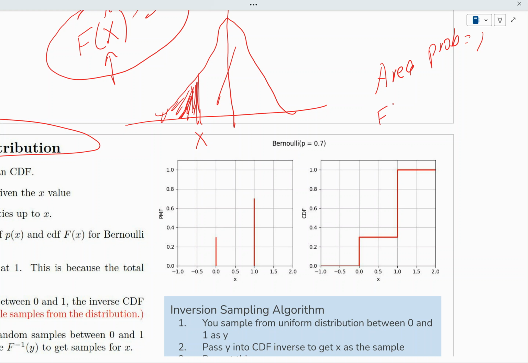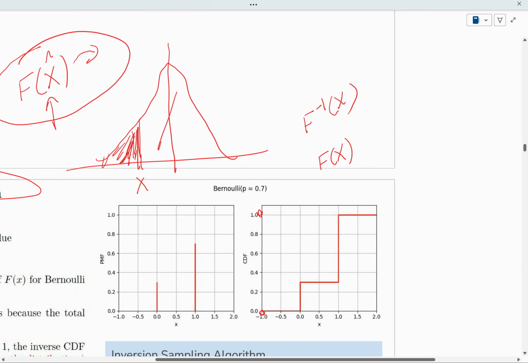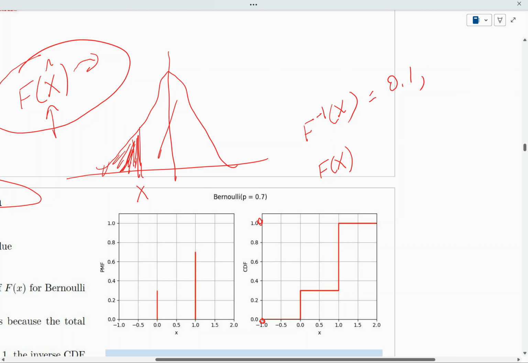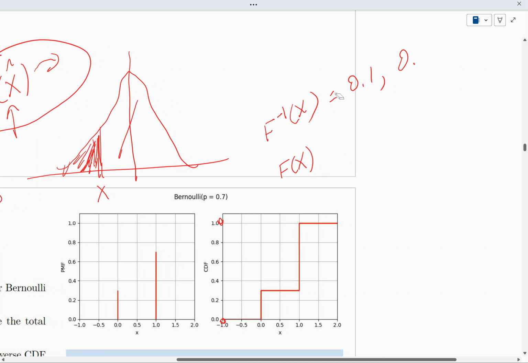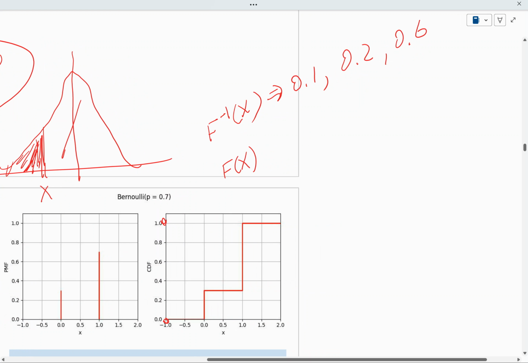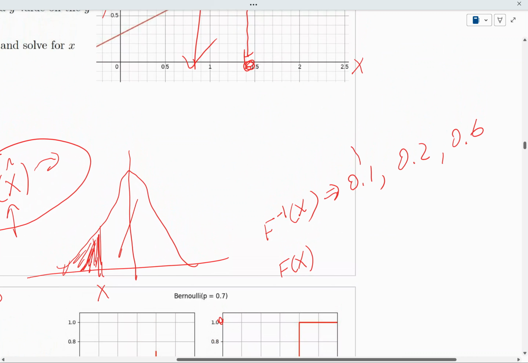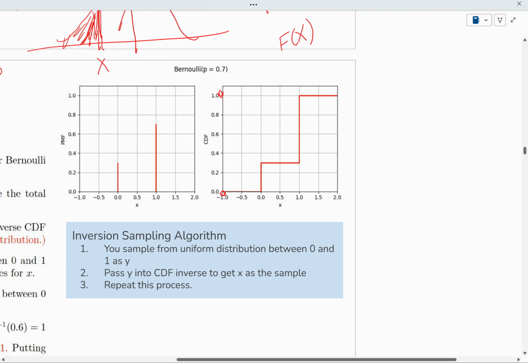So here's the CDF function, and now let's take a look at the inverse of the CDF. Notice that the value is always between 0 and 1. Therefore, if you generate random samples between 0 and 1, such as 0.1, 0.2, 0.6, what is the result of plugging these values into the inverse? Let's first look at 0.1.